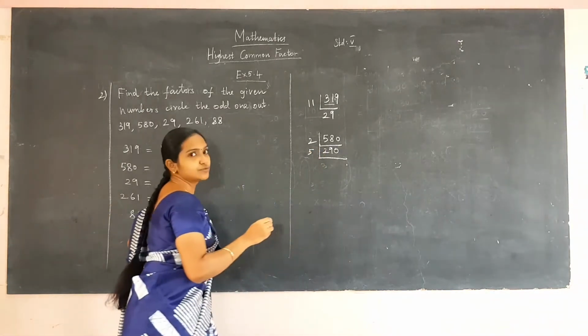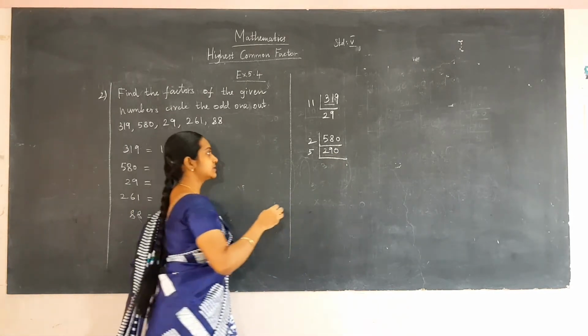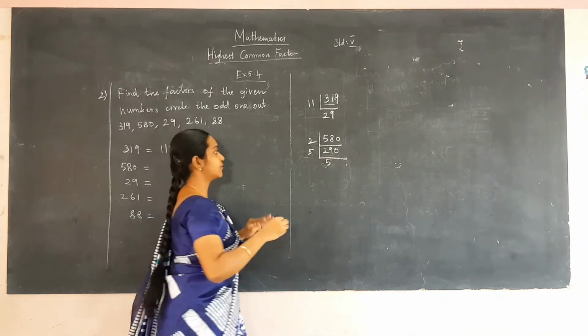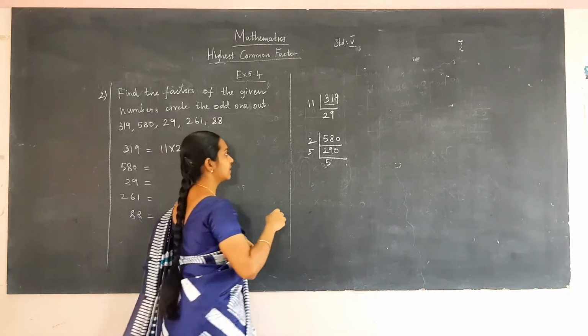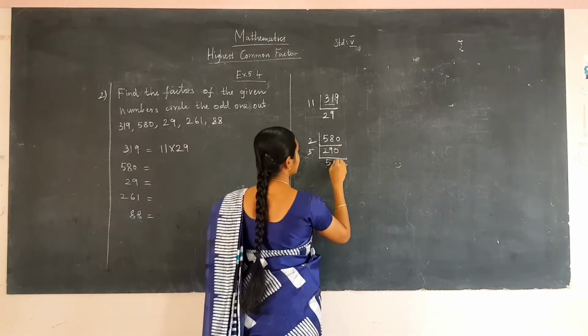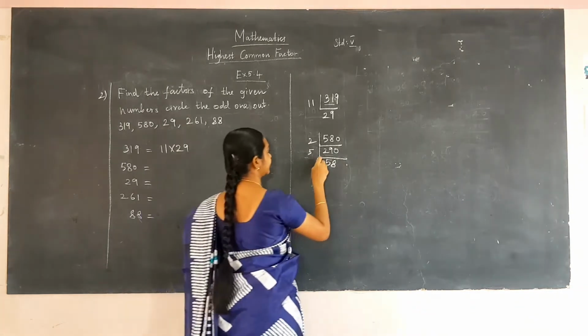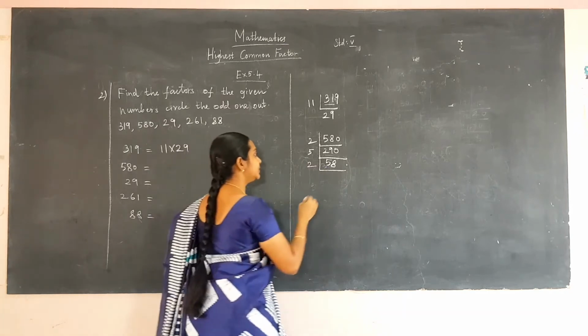Consider the first two digits, 29. 5 into 5 is 25. We have remaining 4, so the number here will be 40. 5 8s are 40. Again factorize it with the number 2. 2 into 2 is 4.